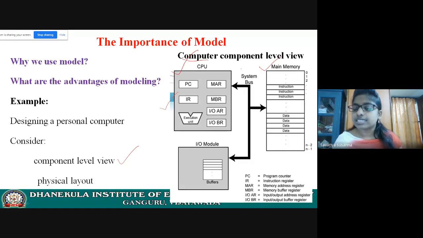This is the logical structure of the main memory. This is the logical structure of the input-output module. Here, module structure means it will represent the component level views in diagrammatic format, so that you can understand what are the components or what are the subcomponents within the component, and also you can identify the behavior of the components.